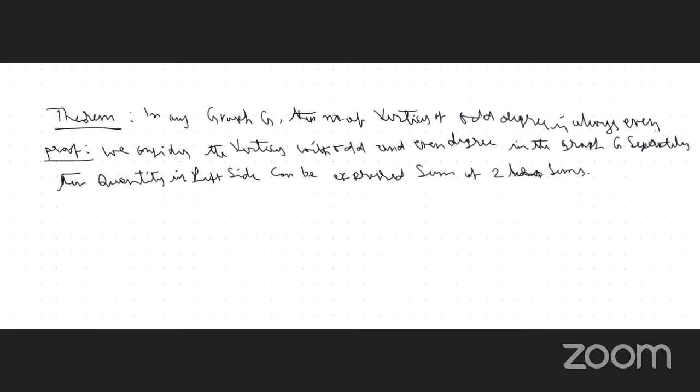Sigma i equal to 1 to n, d of Vi, equals sigma d of Vi over even degree plus sigma d of Vk over odd degree.